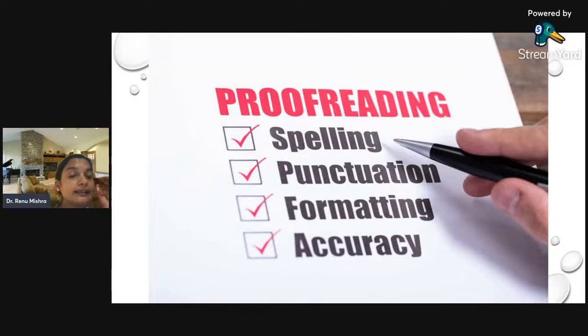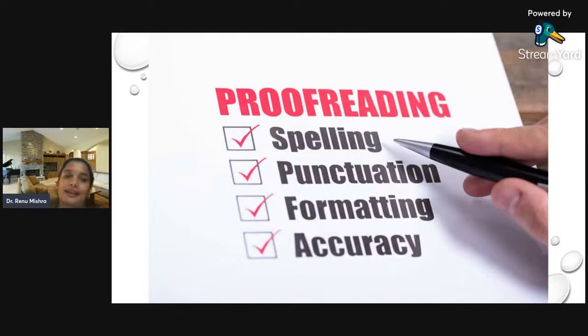And I'm not telling you this just because it is the topic of discussion. Actually, works do get rejected. And just a couple of days back, one of my students' work, very good work on the technical aspect, got rejected because of this aspect, because it was not proofread by her.